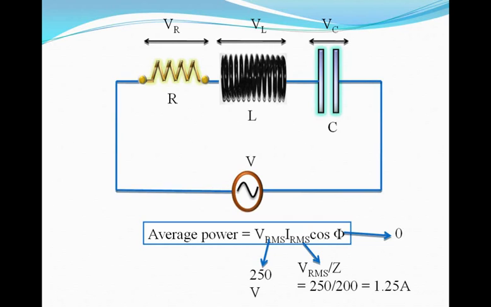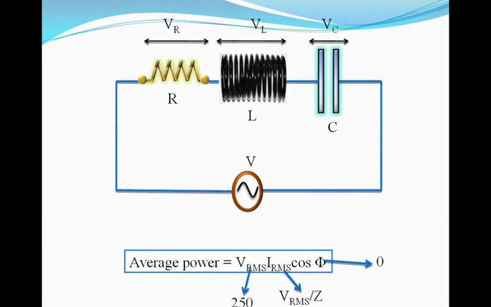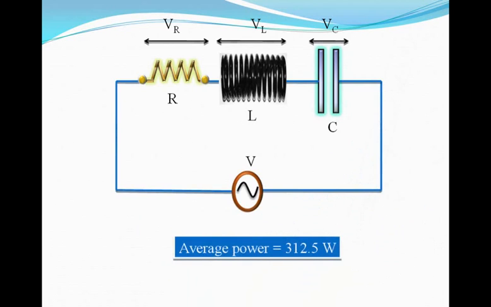So I comes out to be 1.25 amperes. What is Vrms? It's given to be 250 volts. And therefore on simplification, the value of the average power of the series LCR circuit comes out to be 312.5 watts. Net power 312.5 watts on an average is consumed as this circuit operates.